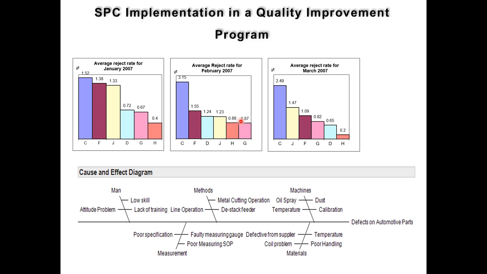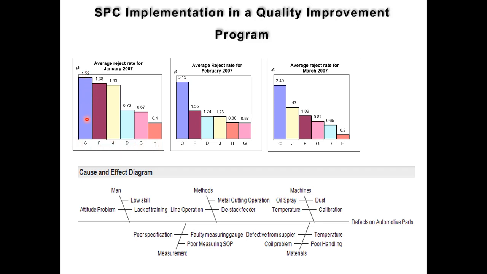These are examples of a Pareto chart. This is a real example whereby they are detecting the average rate of rejects for each and every production line. CFD, JD, HG, these are all the names of production lines.